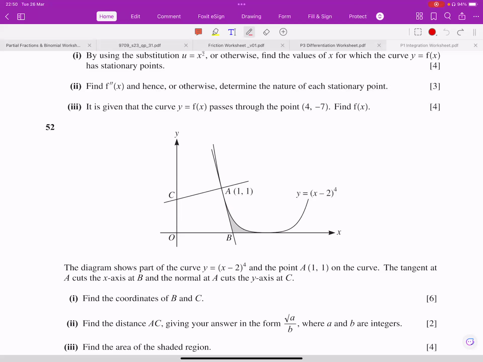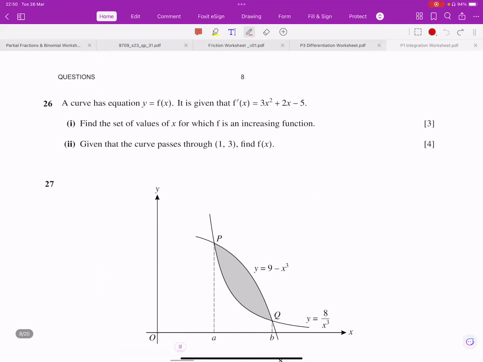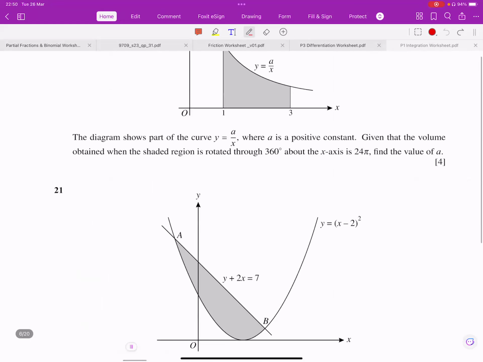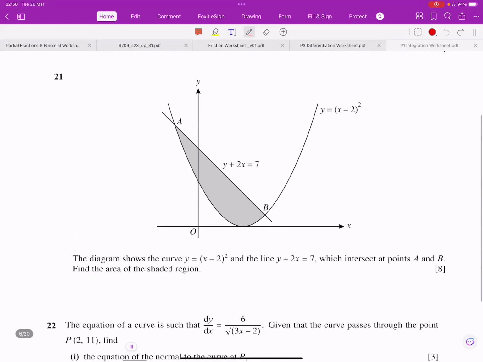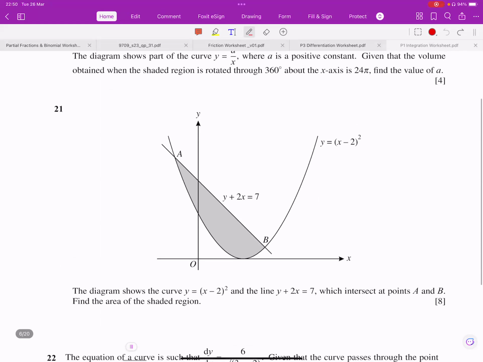Okay, this looks like a good question, Lisa. We'll have a look at this 52 as well. And then we have 21. Okay, this does not look that complicated. It's just the area between two graphs.